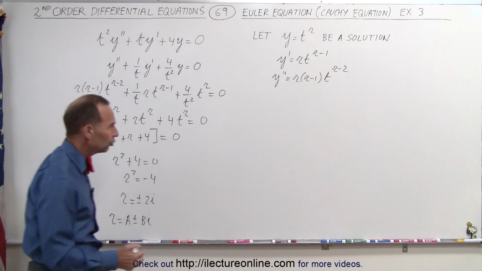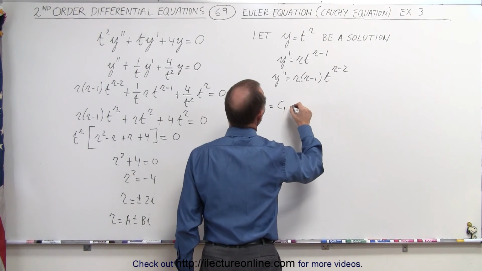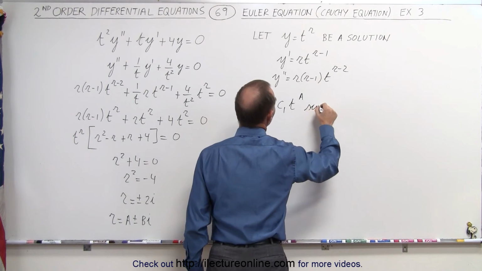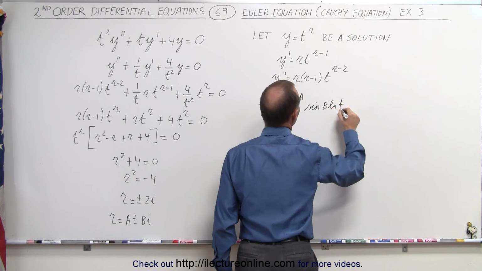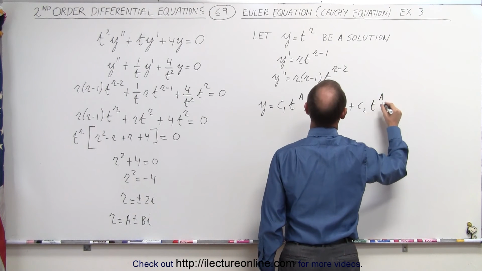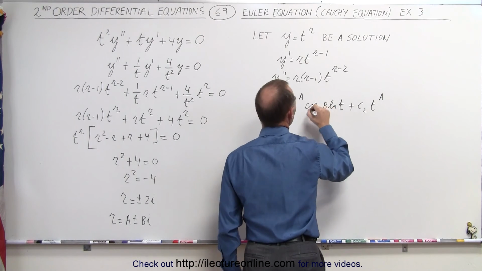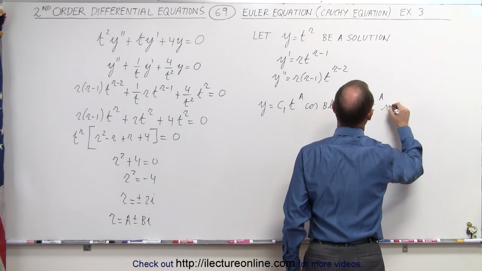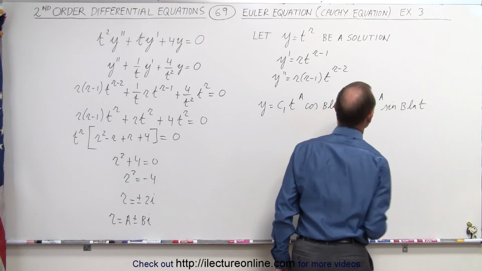The general solution will look like this. y will be equal to c1 t to the a power times the sine of b times the natural log of t, plus c2 t to the a power times, not the sine, we usually start with the cosine. It doesn't really matter, of course, which order we put it in, but typically the cosine is written first, then we write the sine of b times the natural log of t.